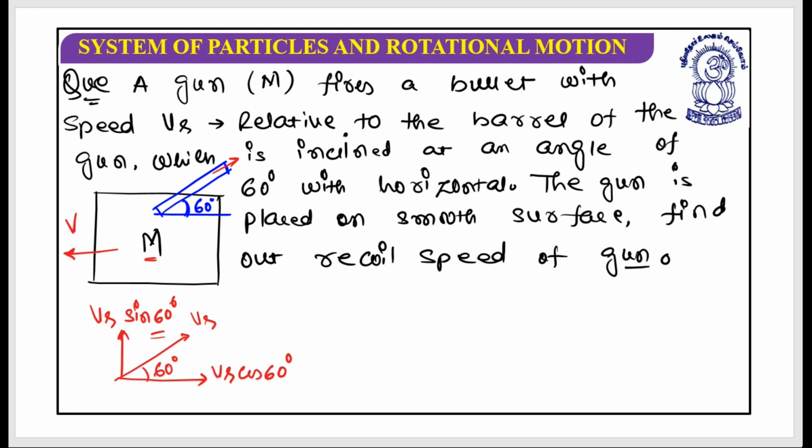But if I say that one more velocity in the x direction would be there, if I talk about the system, this is the V. I hope this is clear.